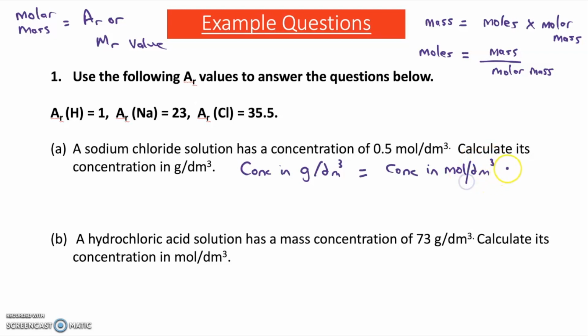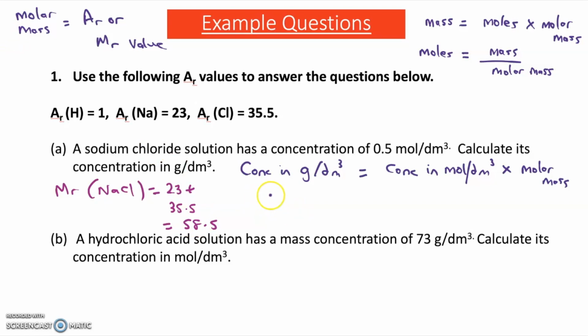And the molar mass here is the MR value of sodium chloride. To work out the molar mass of sodium chloride, the MR value, we have to add up the AR values of all the atoms present in sodium chloride. So the MR is equal to 23 plus 35.5, so it has a value of 58.5.